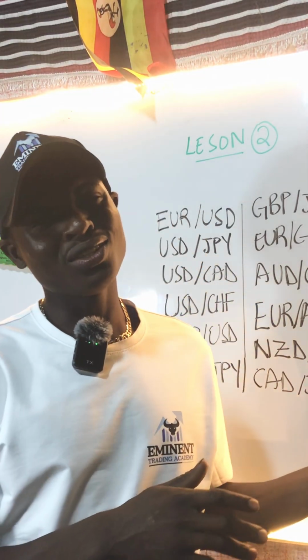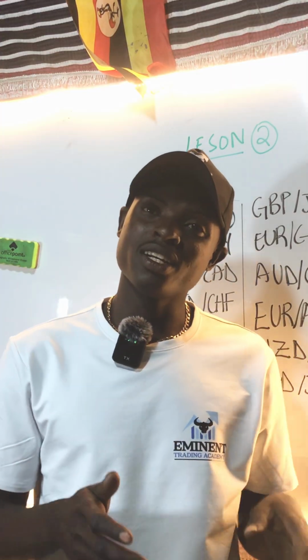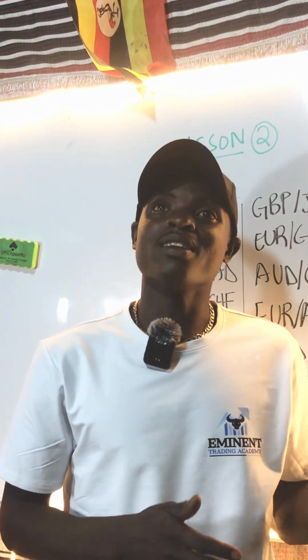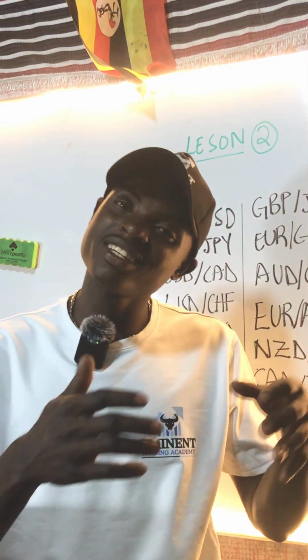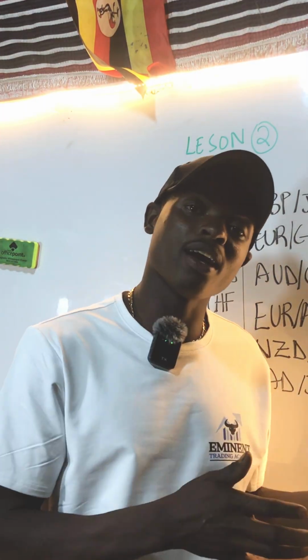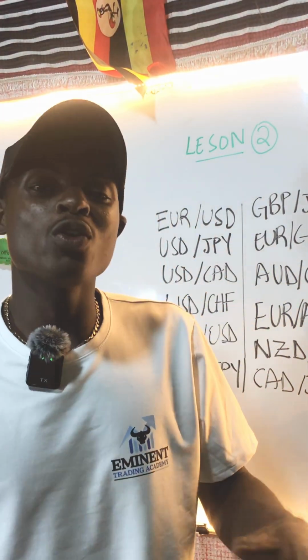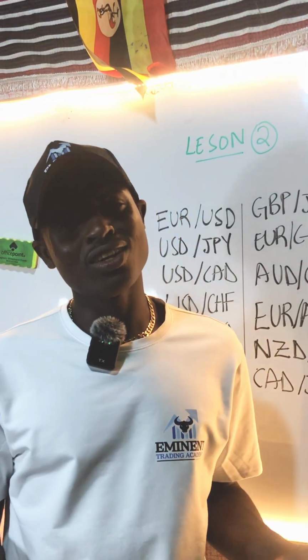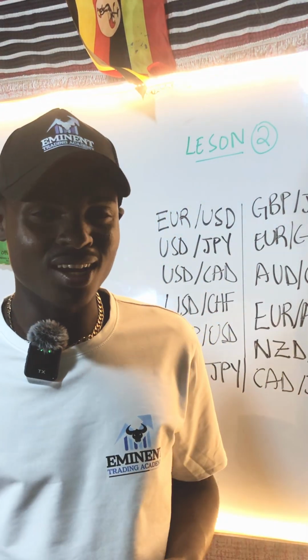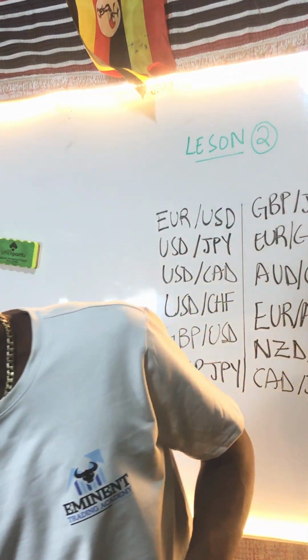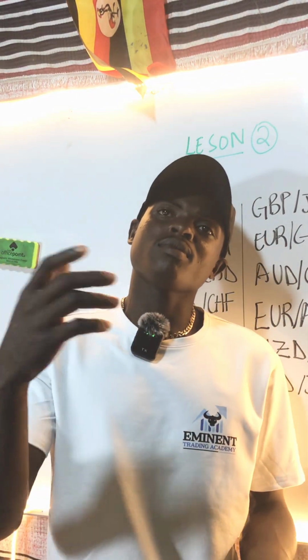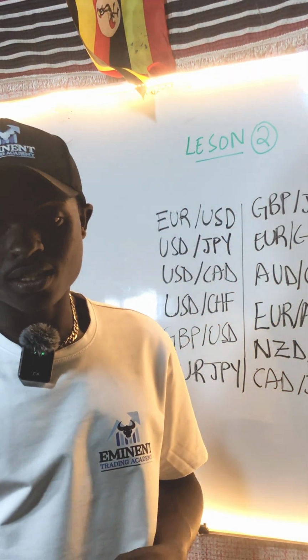So in short, the main task of the trader is to buy a currency pair when the exchange rate of that currency pair is expected to rise, and also sell the currency pair when the exchange rates are expected to fall.